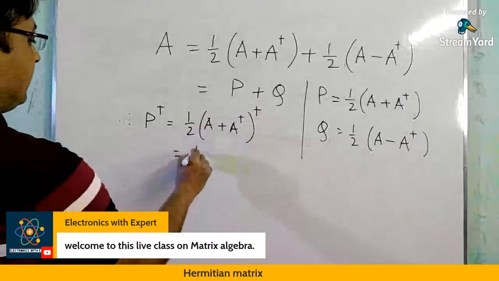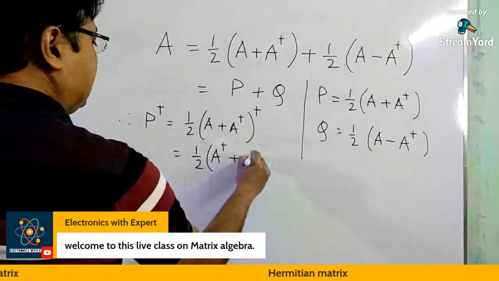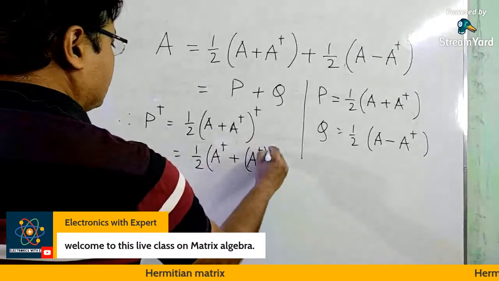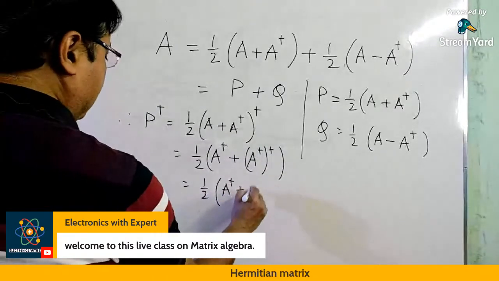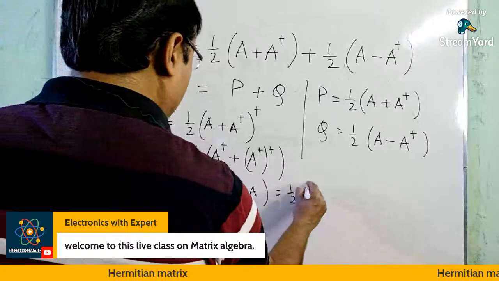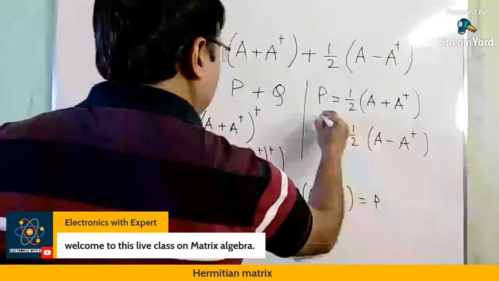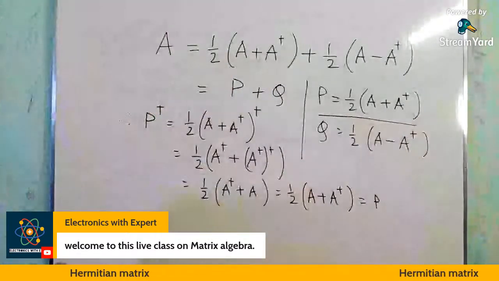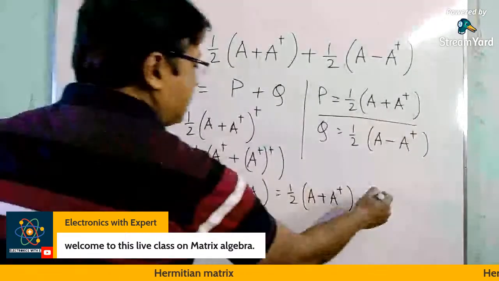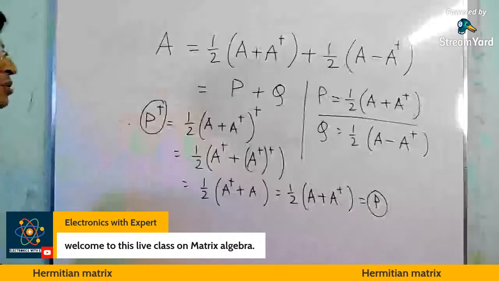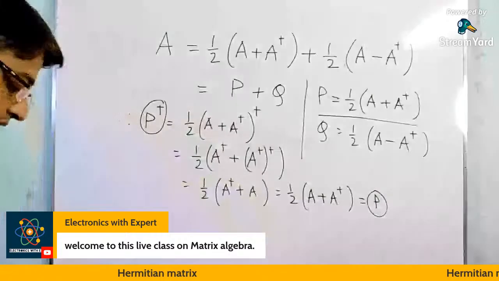That means it will be half of (A dagger plus A dagger whole dagger), that is, half of (A dagger plus A), or it can be written as half of (A plus A dagger), and that is nothing but P. So from this we can say that P is Hermitian, because P dagger equals P. So P is a Hermitian matrix.